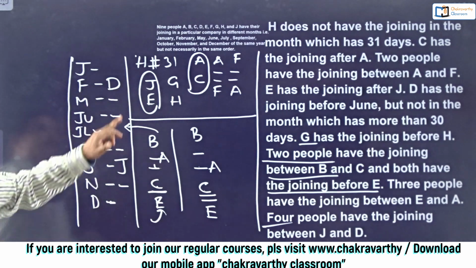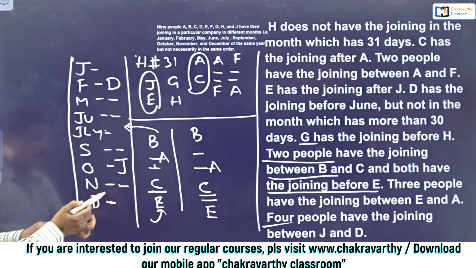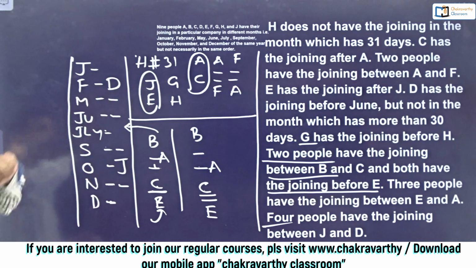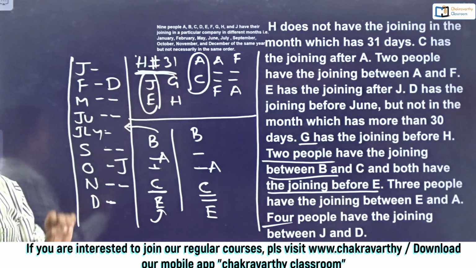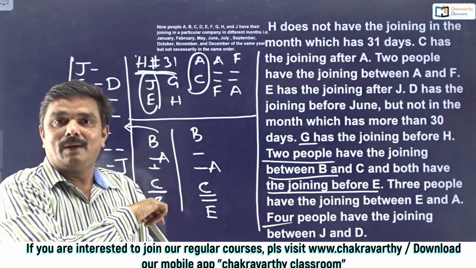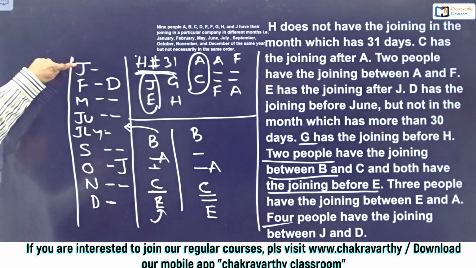Okay, now you see, H. If I keep E here, I started here. This place is done, this is done, this is done, this is vacant. Now, H should not be in a month that has 31 days. H is not possible here because this is January, 31 days.